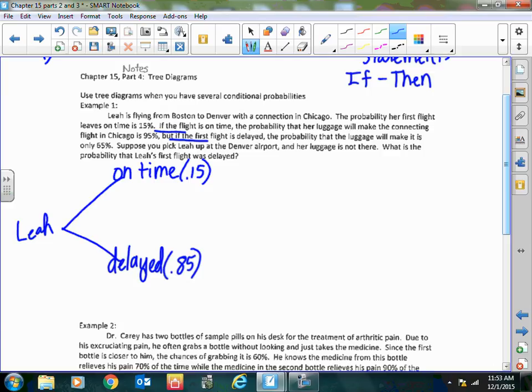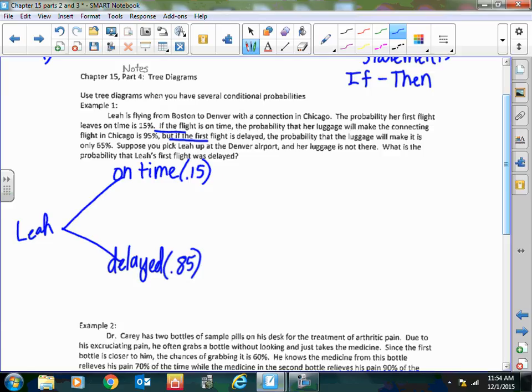Okay, now let's see what starts happening. The first conditional statement is this. If the flight leaves on time, the probability that her luggage will make the connecting flight is 95%. So what part of the tree is it talking about? What branch? The top one, because it's about being on time.